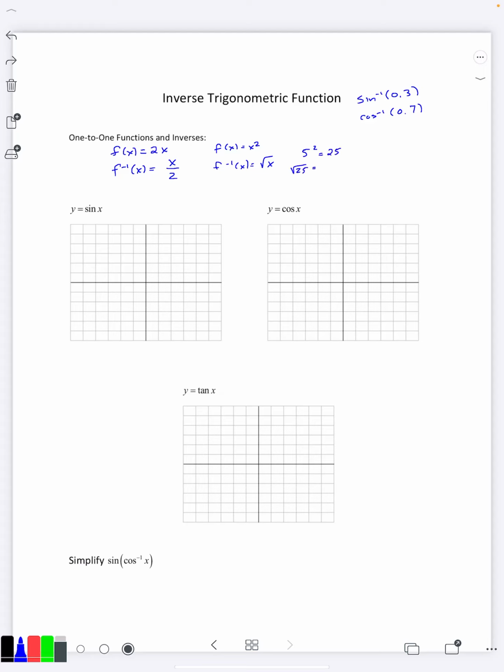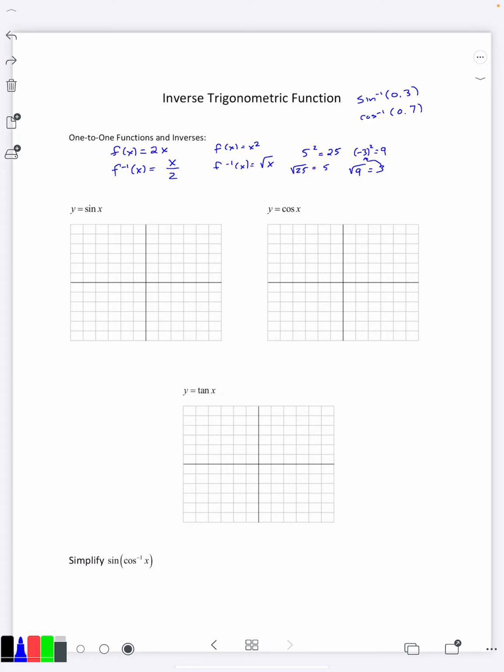If you then square root 25, you get back to 5. However, if you start with a negative number, say -3, and square it, you get to 9. And if you square root 9, the only answer to square root of 9 is +3, and we did not get back to the starting value.